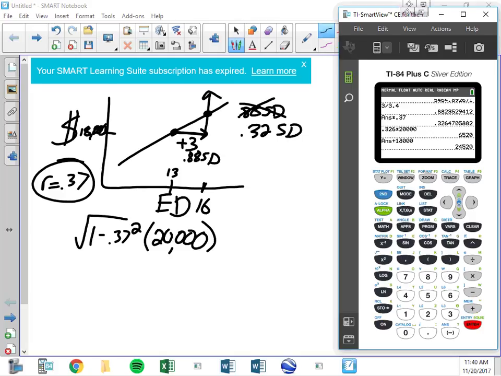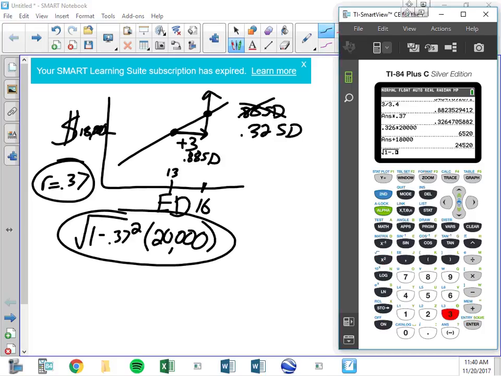So the RMS error in this case is the square root of 1 minus 0.37 squared times 20,000. Okay, 18,580. So we would expect this answer to be off by $18,600.